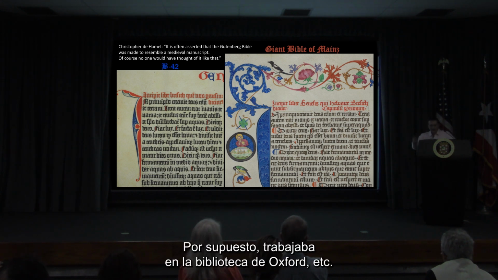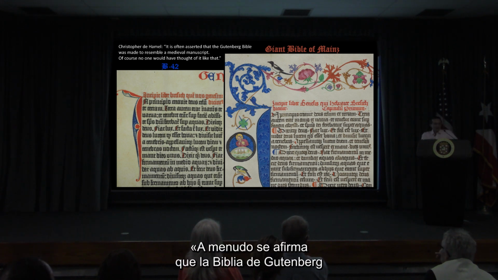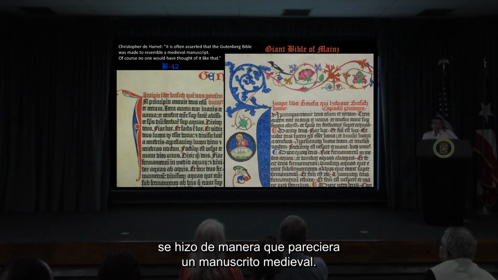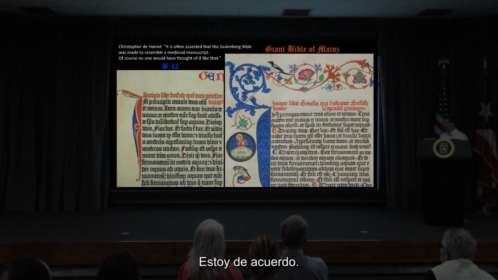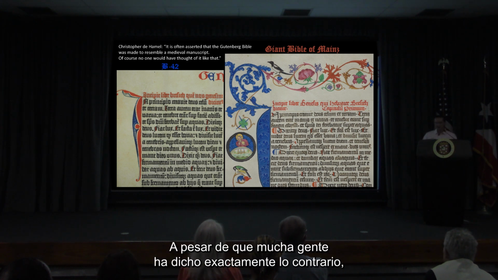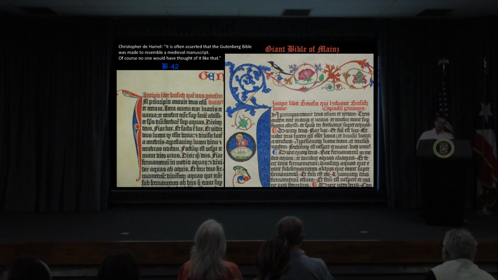Of course, he worked at Oxford, the British Library, etc. "It is often asserted that the Gutenberg Bible was made to resemble a medieval manuscript. Of course, nobody would have thought of it like that." I concur, in spite of the fact that a lot of people have said exactly the opposite.